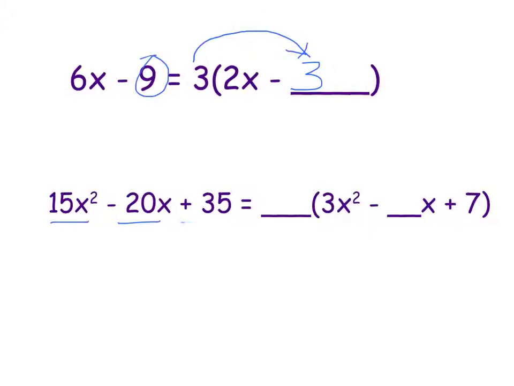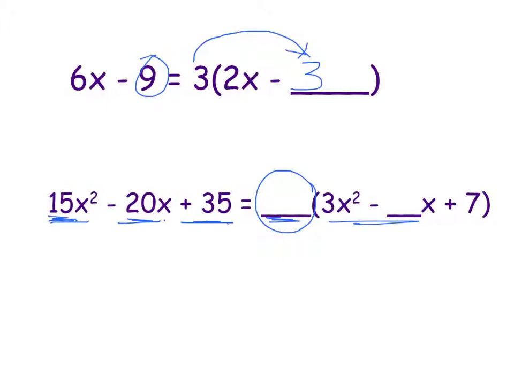Alright, so here it is already multiplied out, and I want to see if I can write it as a set of factors. So I want to see what they have in common. Each term does not have an x or a variable, so I know that a variable is not part of what I'm going to factor out.